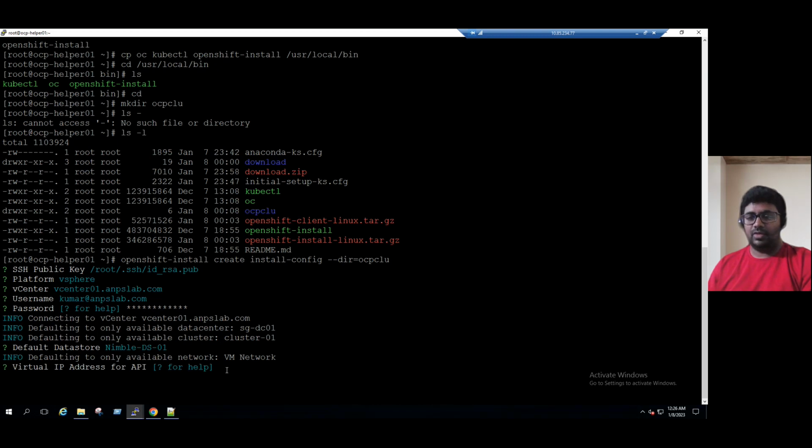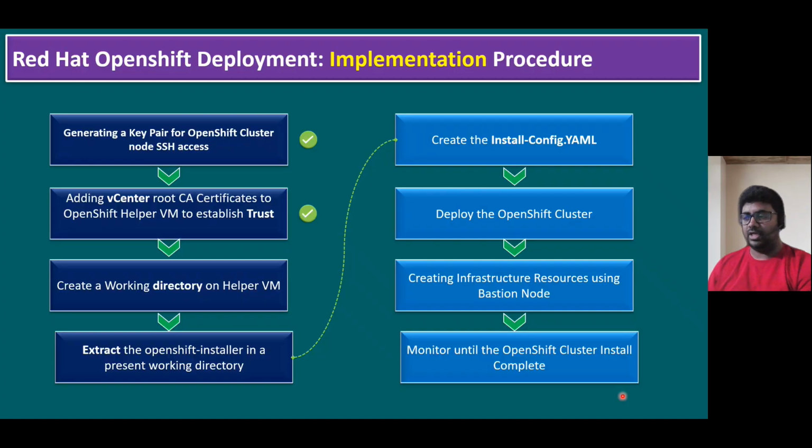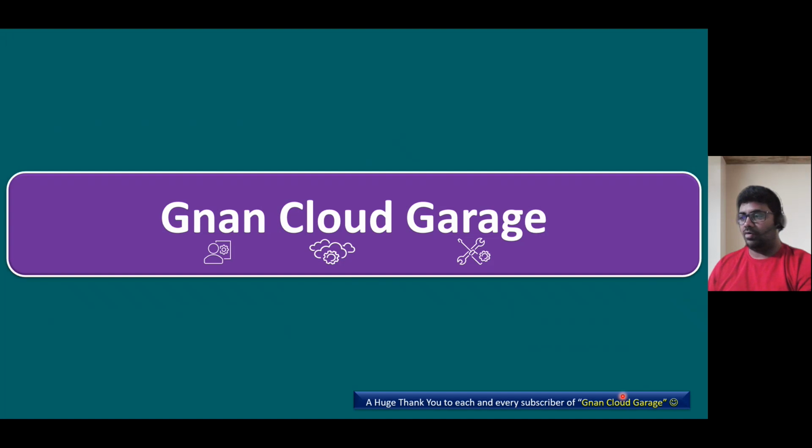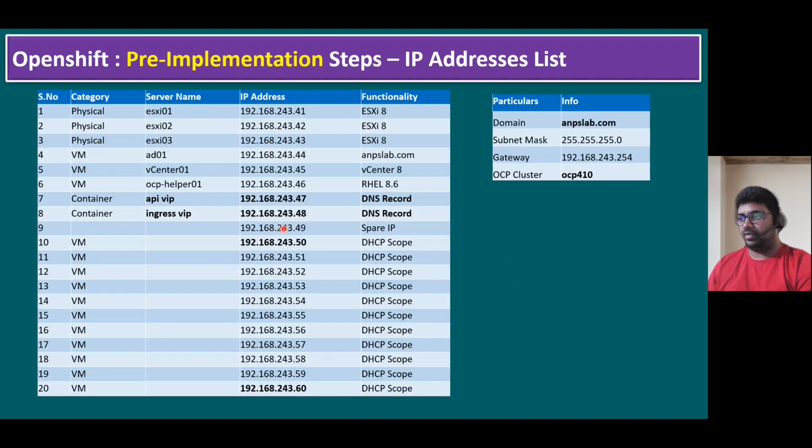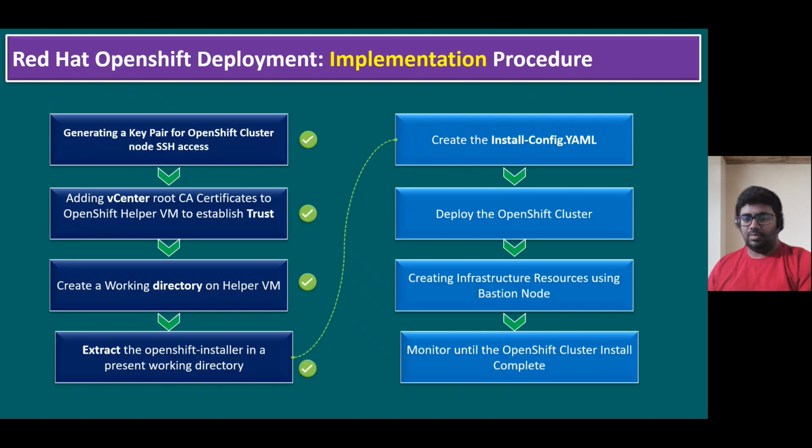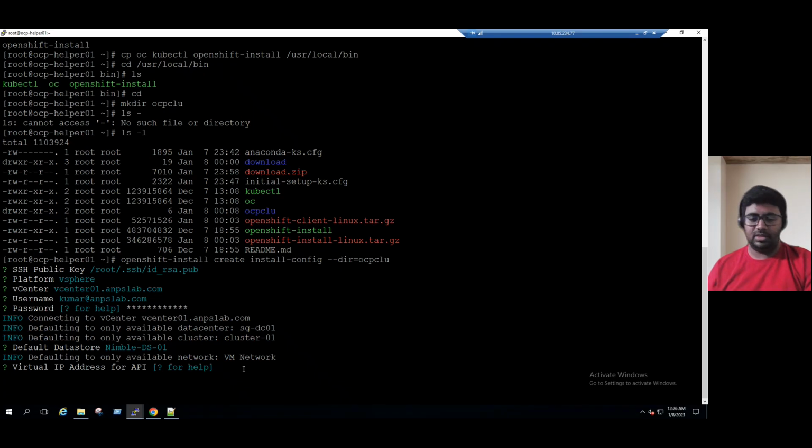So for the API virtual IP we have dedicated 47 and 48. If you want to double check, we can just check from our IP address list. Yes, 47 for API and 48 for ingress. So let's go back to our system. We can assign the IP address 192.168.243.47.